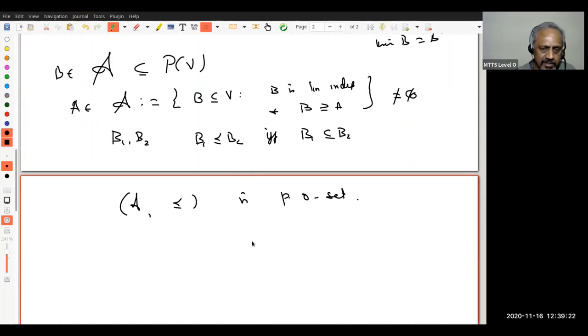To apply Zorn's lemma, what do I have to make sure? I have to make sure it satisfies one important condition. What is the condition?